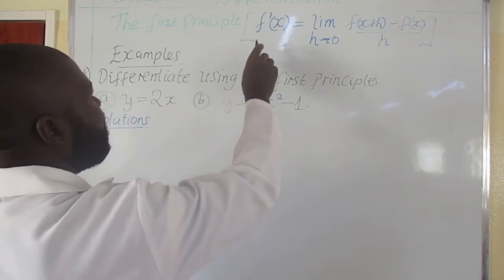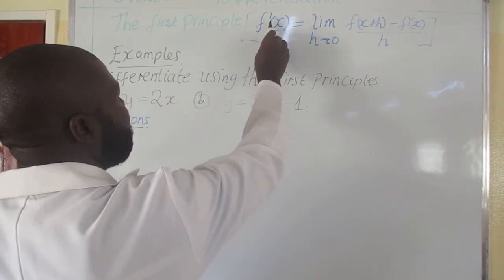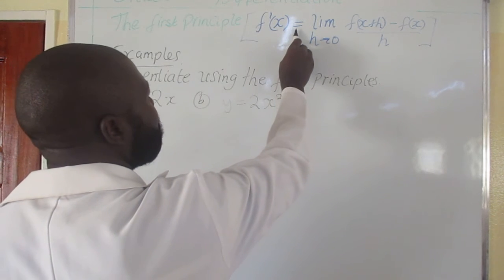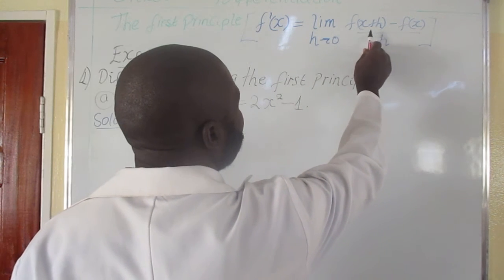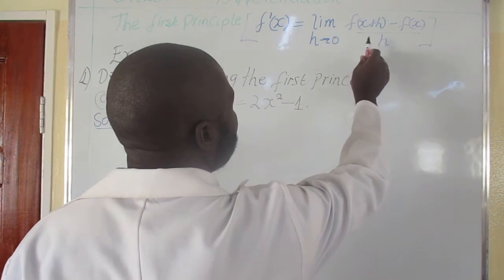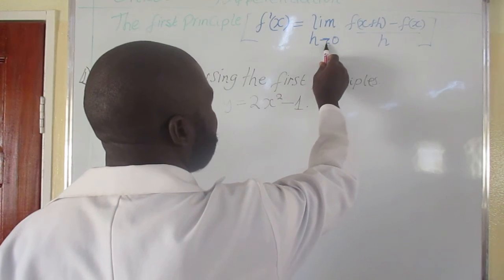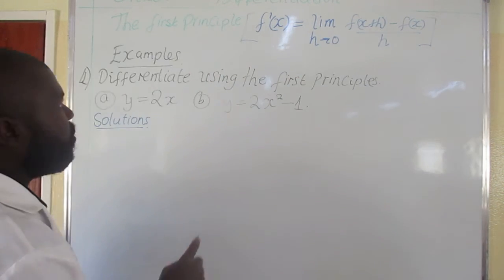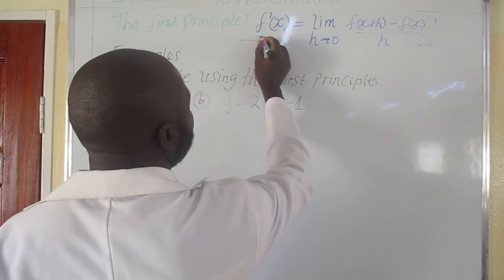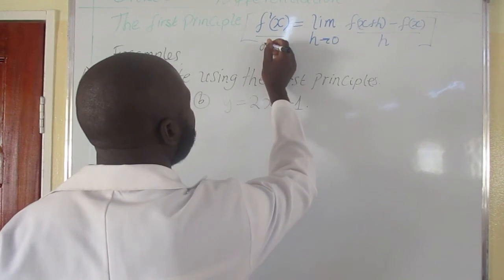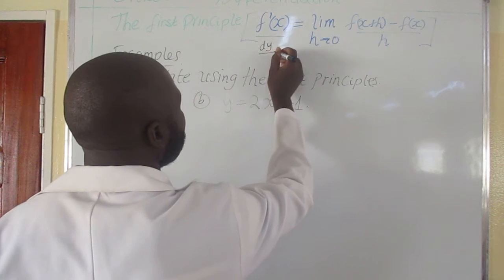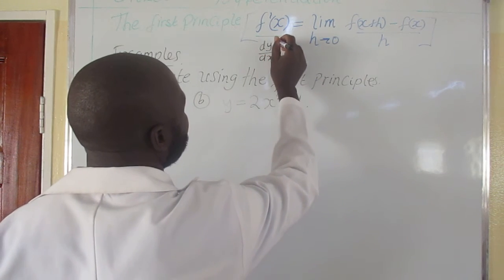You can see we have f prime of x is equal to the limit of this as h approaches 0. Where you see f prime of x, this is the same as dy dx.